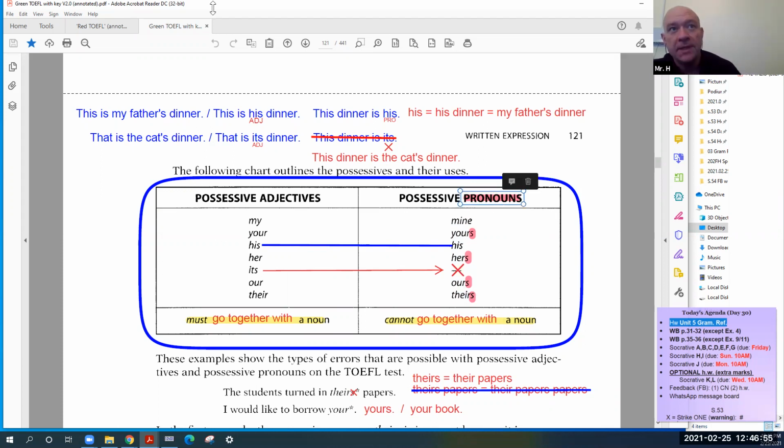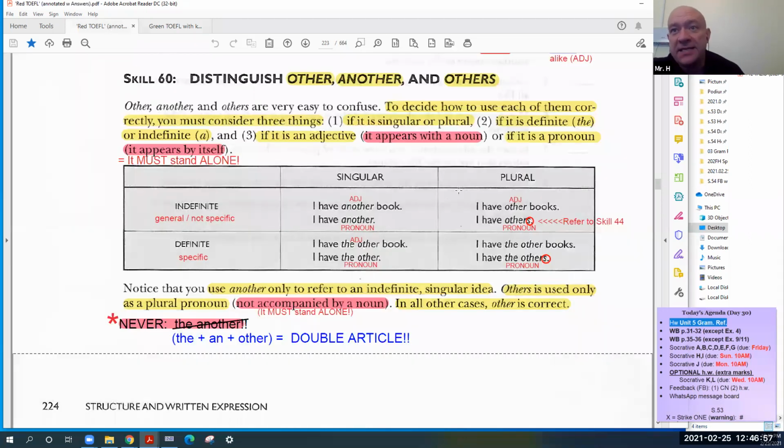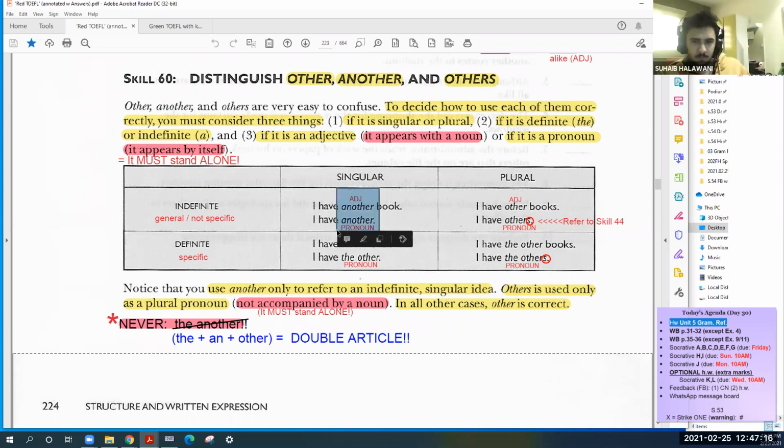Do you understand? Same idea here. When you add the S, it's a pronoun. Okay? Now, but look at this one over here. It's the same.